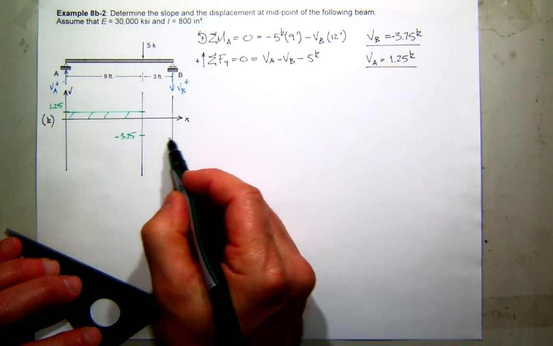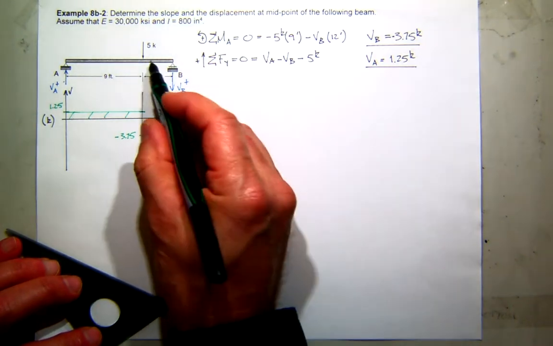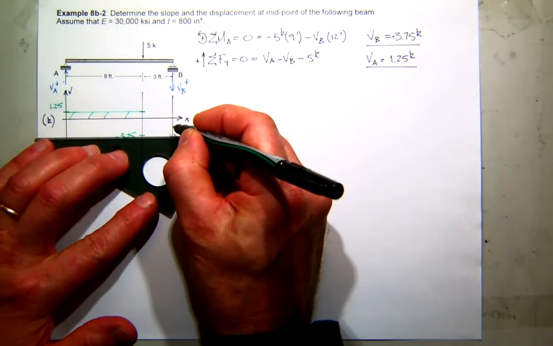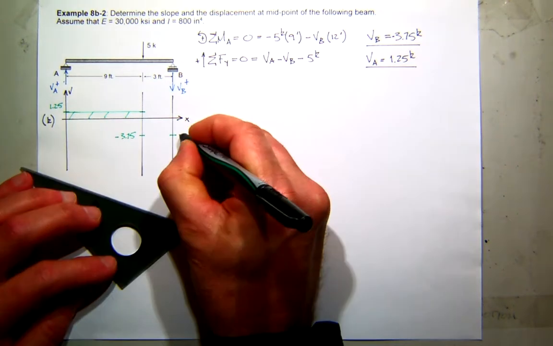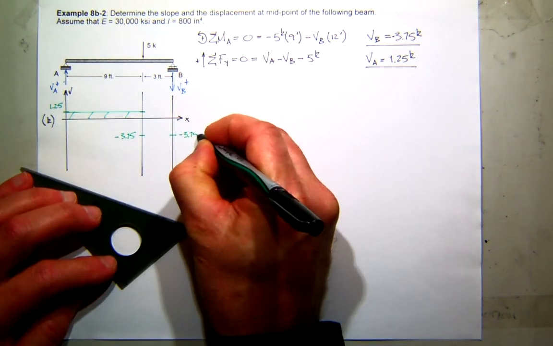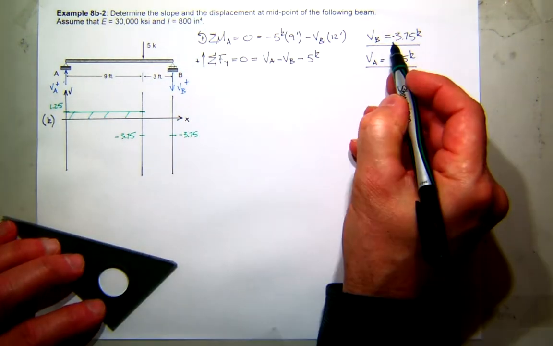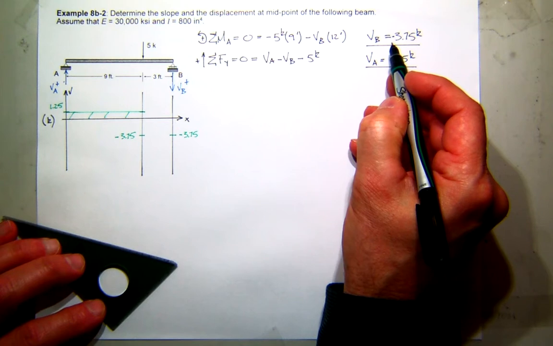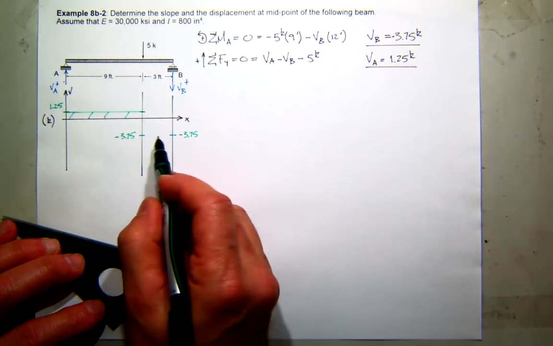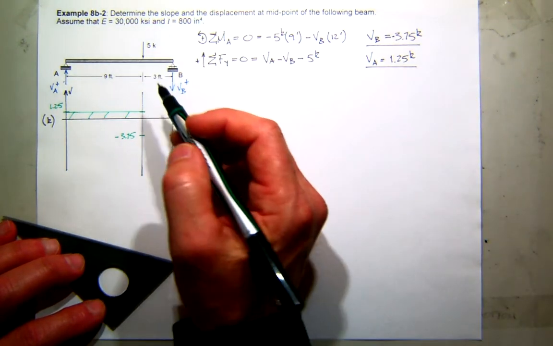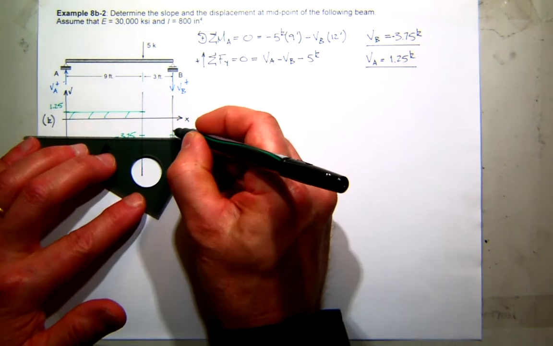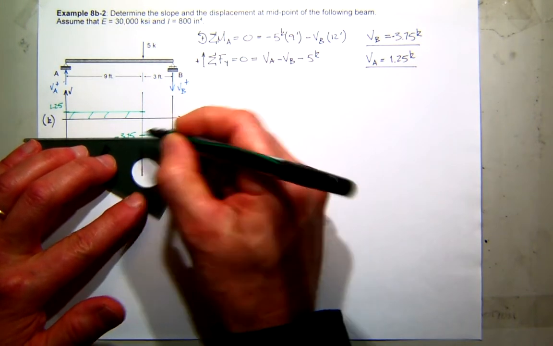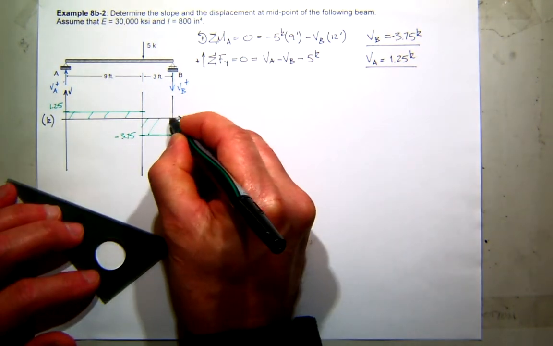The change in shear over this range should be the area under the load curve, which is again 0, so no change. And that's great because you can see we end up with the shear that we computed. And the slope of the shear diagram is given by the load. The load is 0, 0 slope, straight line. So there's our shear diagram.